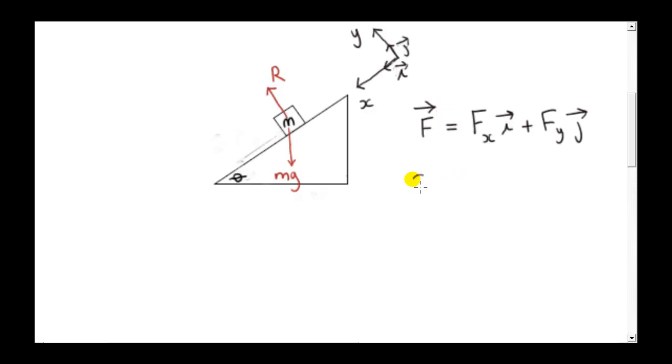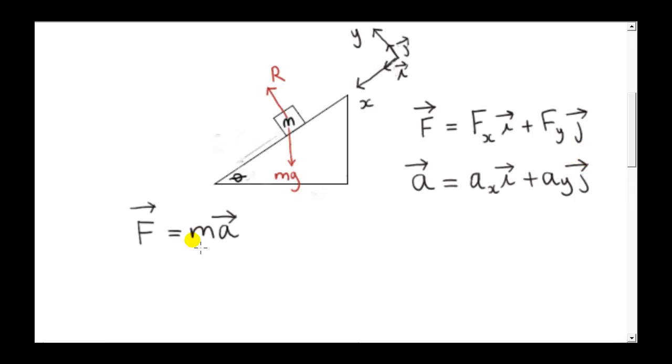Now we can also note down the acceleration vector. We can write that in terms of its x component, which I'll call a sub x, multiplied by unit vector i, and its y component a sub y. Now Newton's second law tells us that the resultant force F on the particle is the mass of the particle m times its acceleration a.